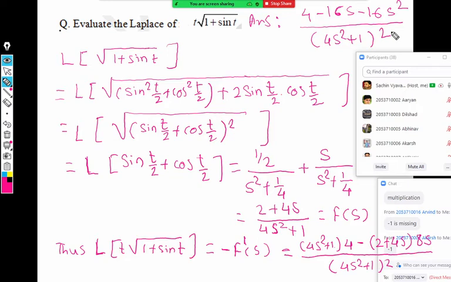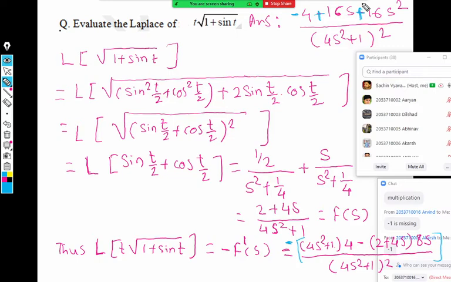Now I will correct this answer. Here is a bracket and there is a minus sign outside. If you give this minus sign here, this becomes a minus and this becomes a plus. This is the correction. Very good observation. This thing is always happening in the final exam.